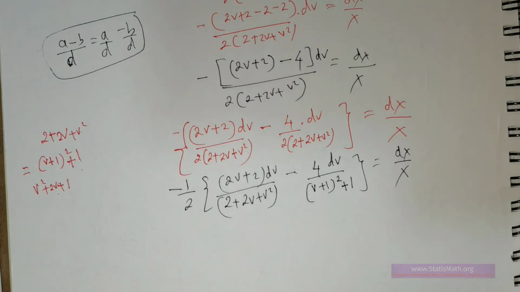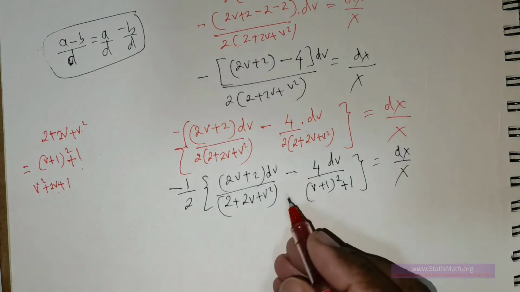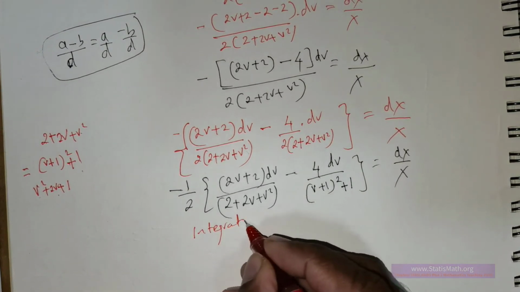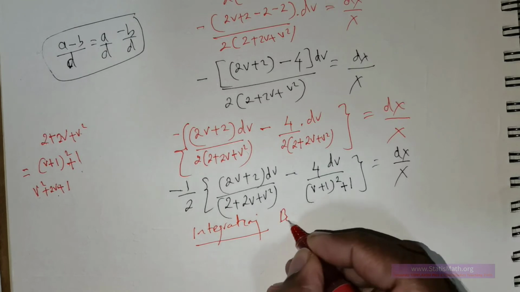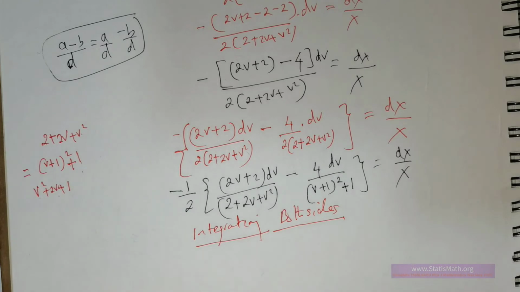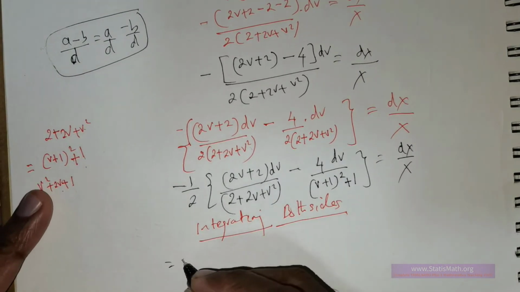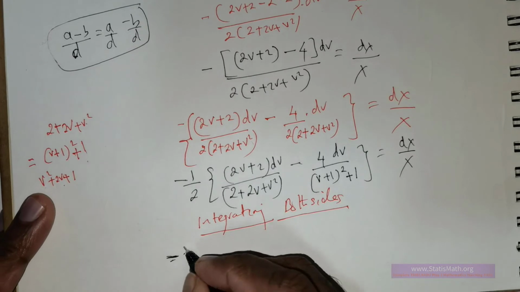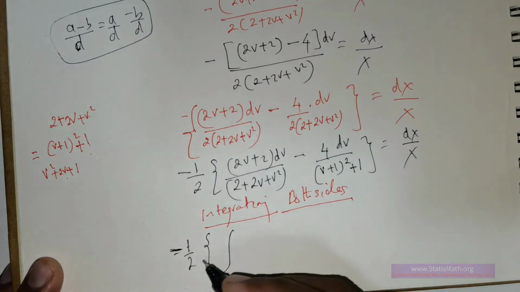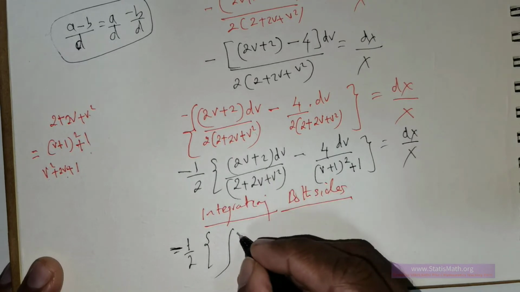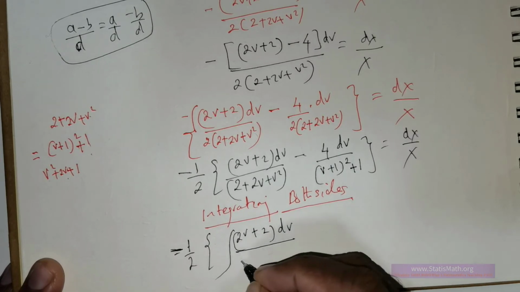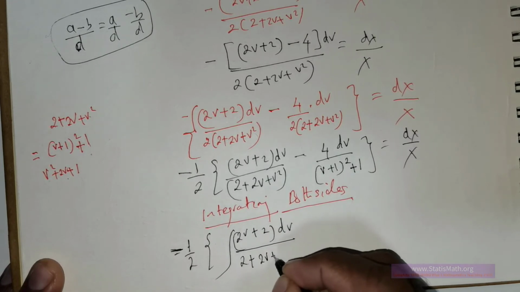So now I'm going to be integrating. Integrating both sides, you can write the word integrating and then follow it up with the words both sides. Let me write the negative half like this. So this is going to be the integral of (2v plus 2) times dv divided by 2 plus 2v plus v squared.